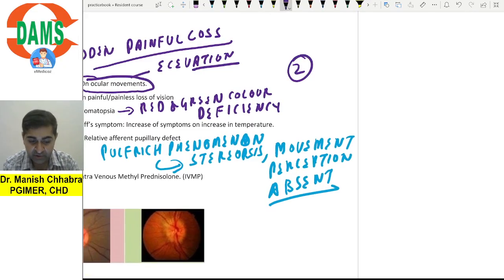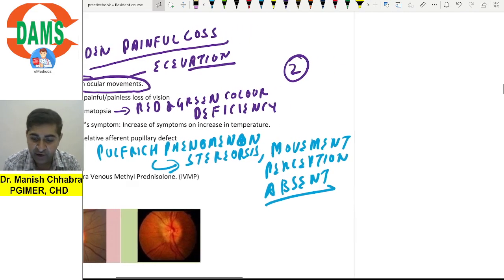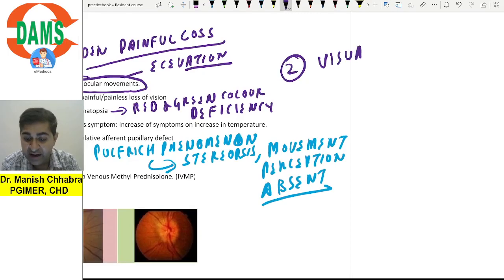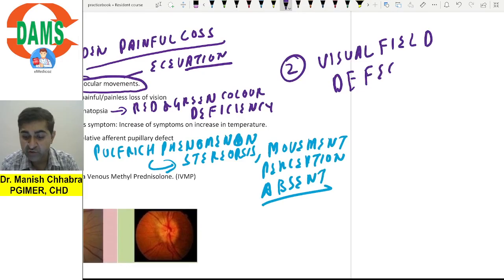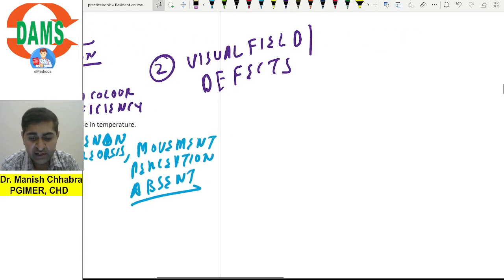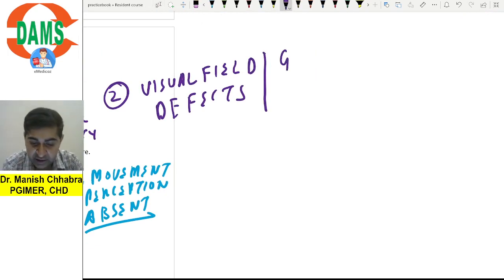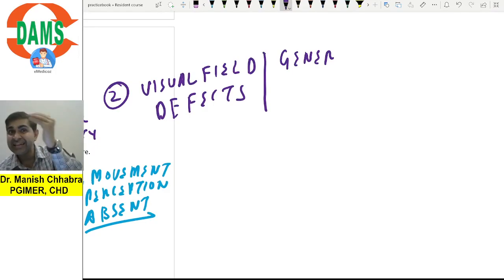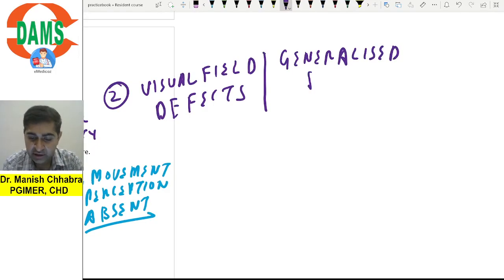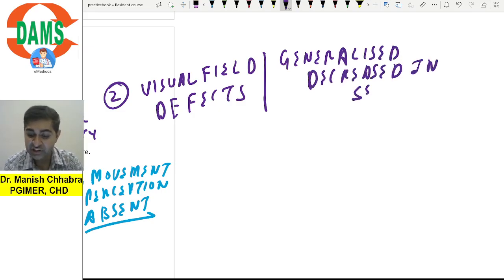Another is, so one is Uthoff, then Pulfrich. There will be visual field defects. So visual field defects, of course, one is generalized constriction of the visual field, or generalized decrease in sensitivity.